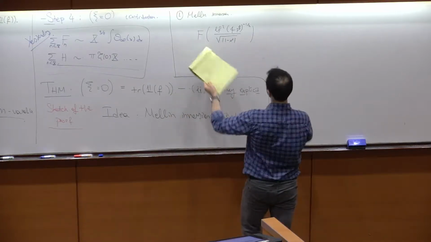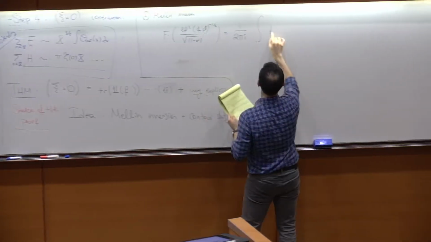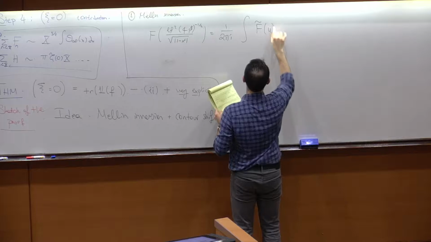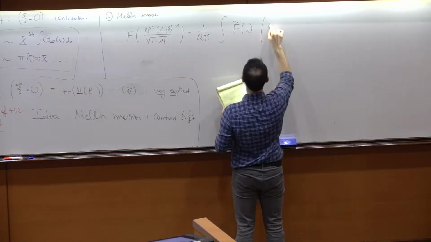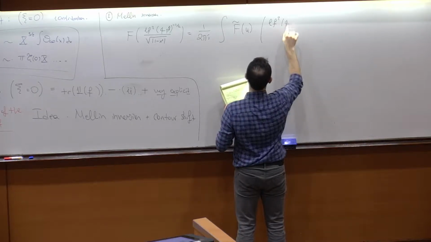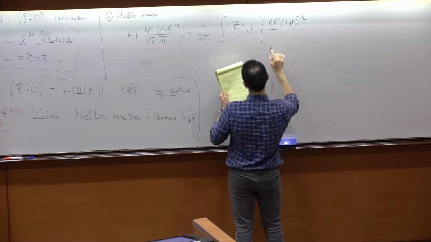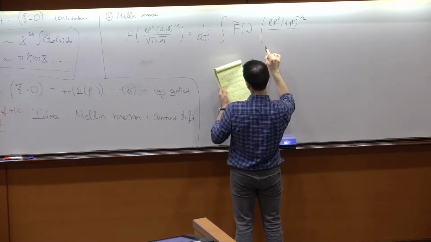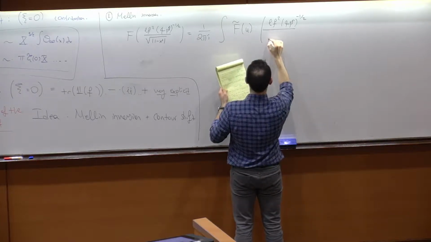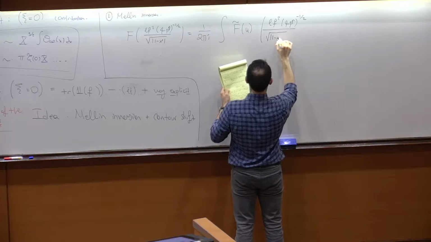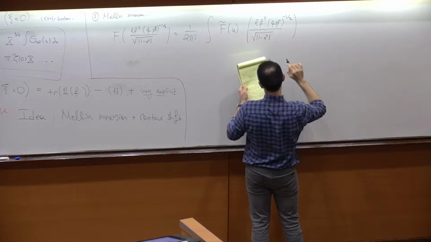So you can write this as the Mellin inverse of the Mellin transform of f times whatever is inside comes in as the variable. So L_f squared times 4p to the r to the minus 1/2 over, what's that? Square root of 1 minus x squared times, what's that?